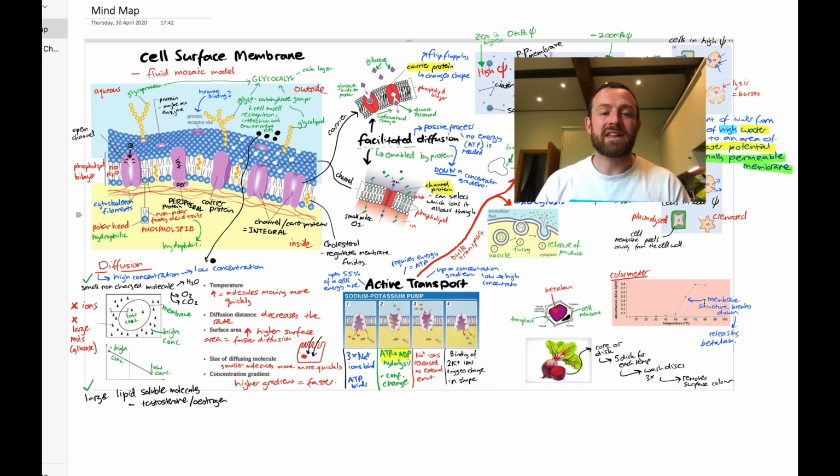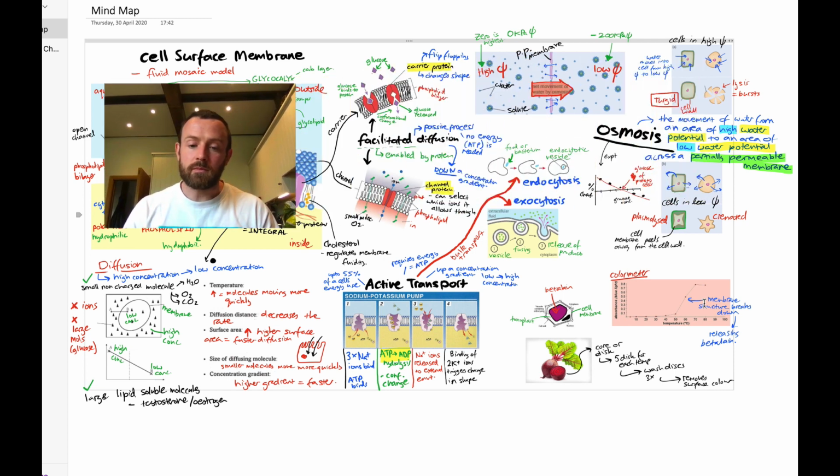We've talked about the way things get across membranes. First of all, diffusion and passive processes. Then facilitated diffusion, still a passive process, but requiring a channel or a carrier protein. Then active transport, the sodium-potassium pump, and then forms of bulk active transport like endocytosis and exocytosis.